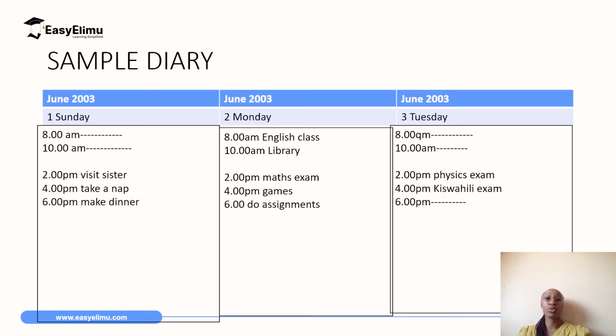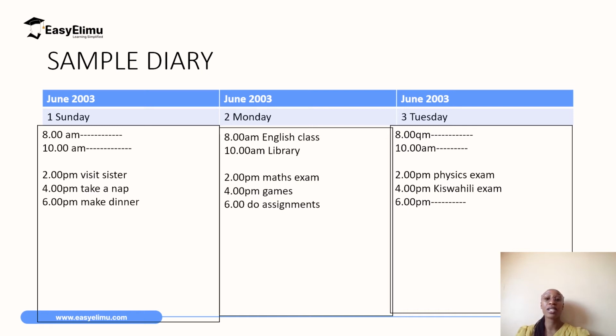So we are going to look at a sample diary. As you can see, this diary is for June 2003, the first, the second, and the third day. And you can see the diary has the month, the year, and then the date and the space for you to put in your entries.